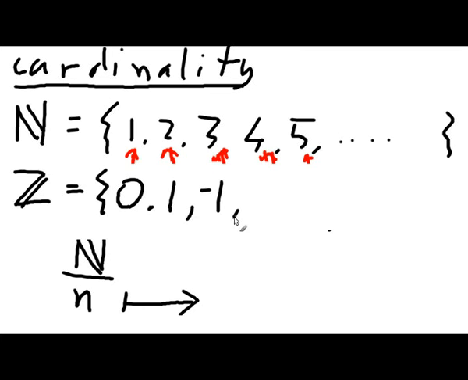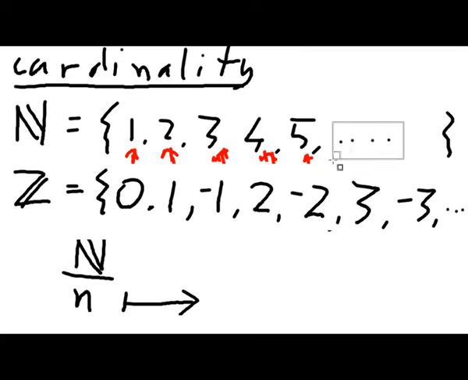Next we'll write the next natural number, which is 2, and the negative of that, which is negative 2. And then 3, and the negative of that, which is negative 3, and so on, right? So let me write a few more elements from this in the set of natural numbers as well. And so here 1, 2, 3, 4, 5, then I would get 6, and I would have 7, and so on.